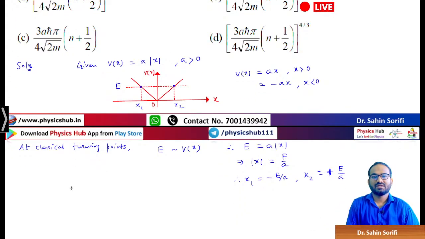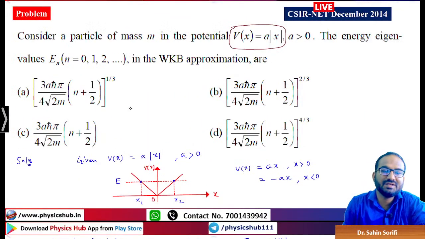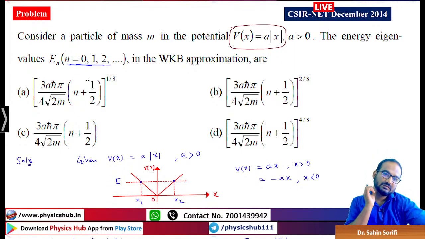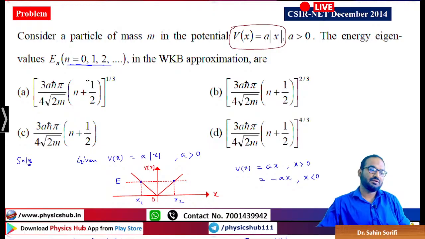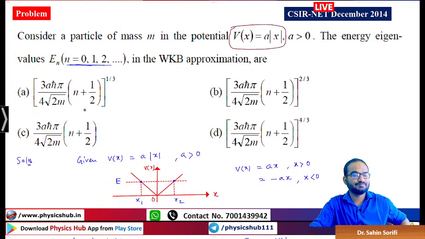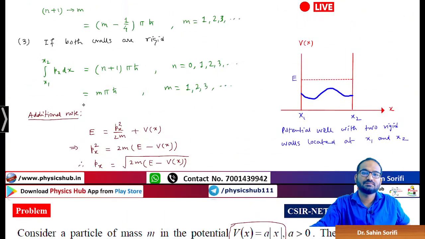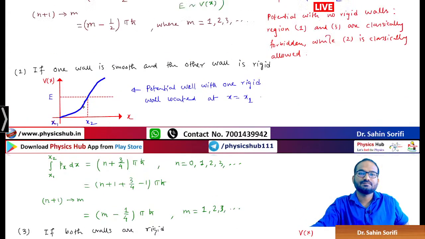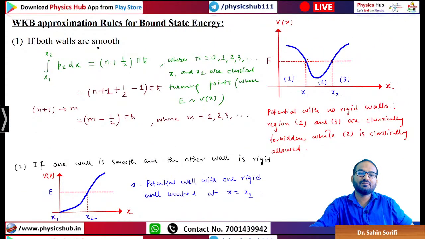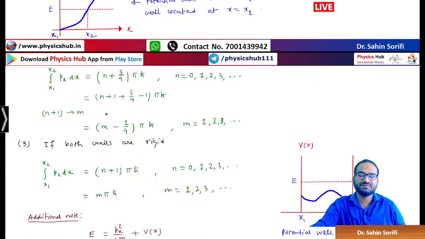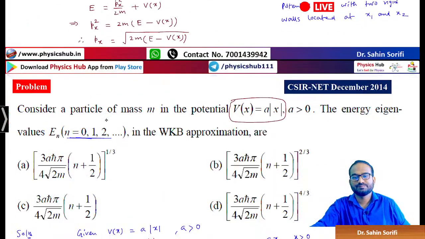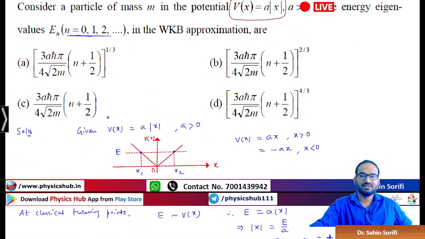So as per this, what kind of wall is this? And you see n equals 0, 1, 2, 3, so it is starting from 0. What kind of wall is this? This is the first case, na? Both walls are smooth. It is not like there are rigid walls.